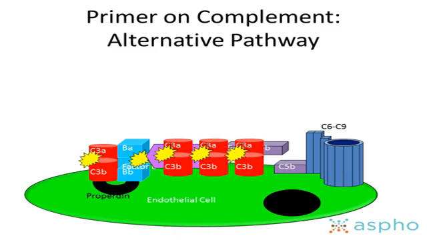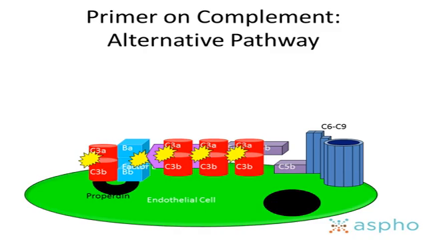When in the presence of factor B, it is cleaved by another molecule that's hidden here, factor D, into the Bb fragment, and the combination of C3b and Bb makes up a C3 convertase. So this is an engine by which new molecules of C3 are converted to C3a and C3b.